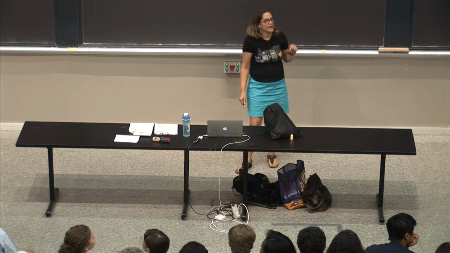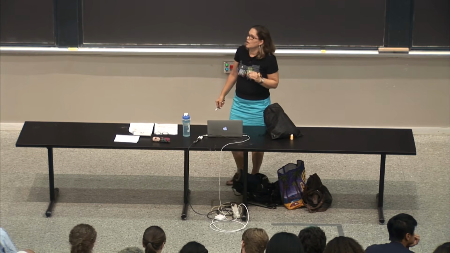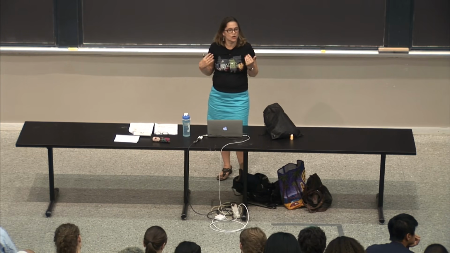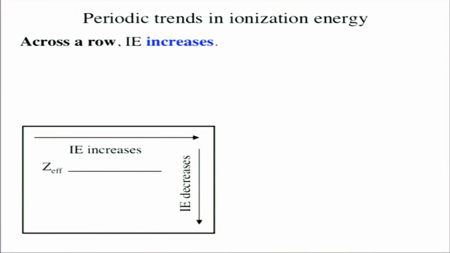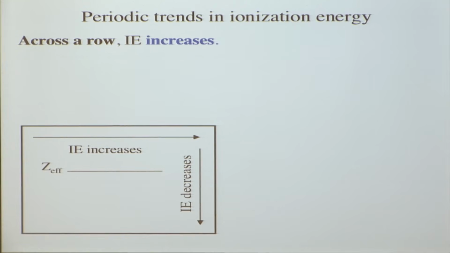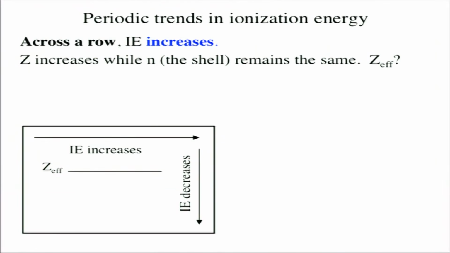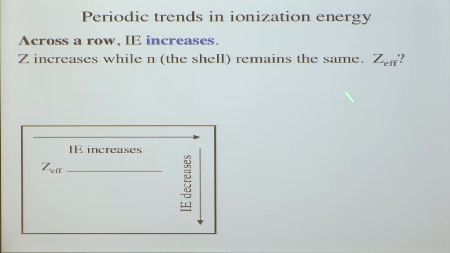So let's continue. We'll come back to some of these ideas as we go along, because now we're going to think about how these trends go across the periodic table. So across a row, ionization energy is going to increase. The reason for this is that Z is increasing. So we're having more and more protons, a bigger Z effective. You're also adding electrons, though, but N, the shell, remains the same. So if Z is increasing and N is remaining the same, what do you predict about Z effective?